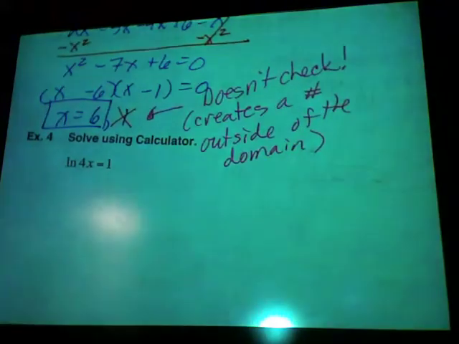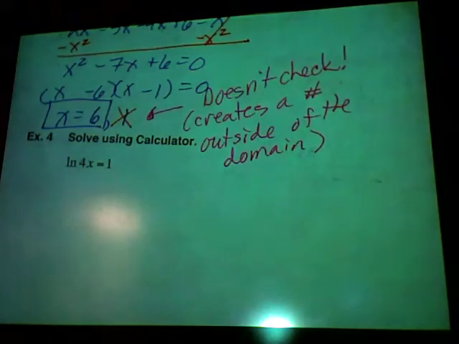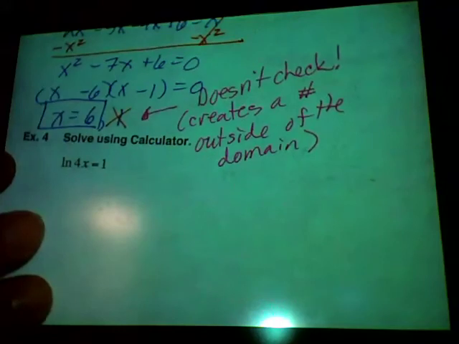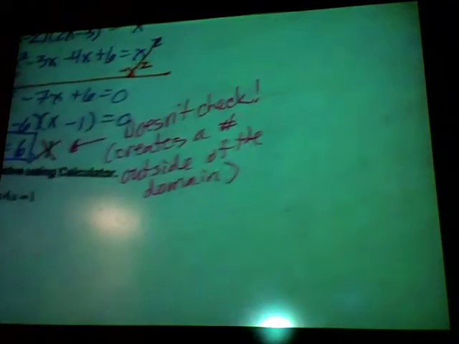In other words, it makes the natural log a negative, and you can't take the natural log of a negative number. So you do have to constantly go back and check. So that's why some of you might have 2 answers today, and there's only 1 answer in the book.